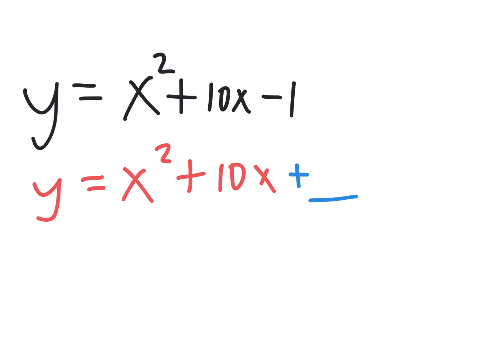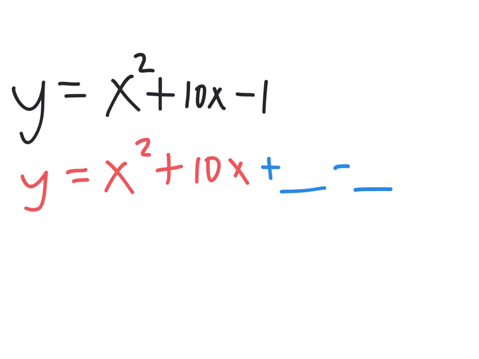And whatever that magic number is, then we're going to subtract that magic number, and then we're going to try to remember to bring this into the final answer. All right, do it. Talk to the kid next to you about what should go on each line.